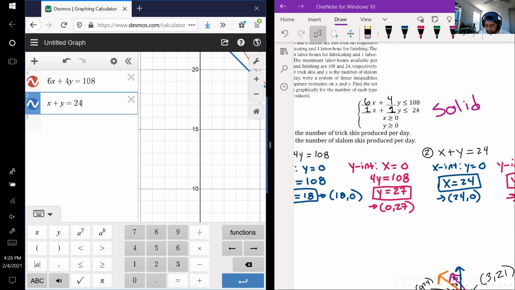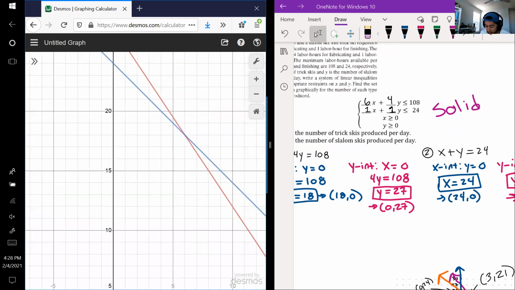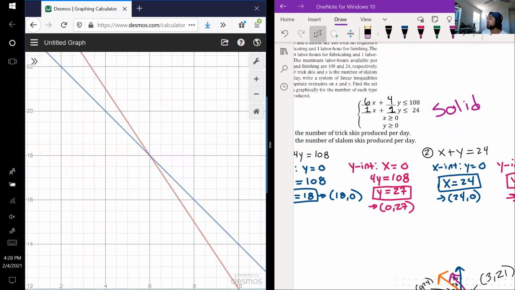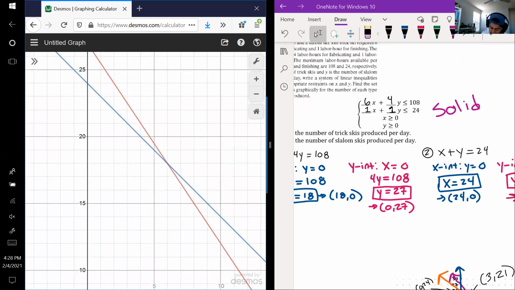And now watch this magic. It's going to give me that exact intersection point. All I have to do is click on it. Bam. 6 and 18. I was way off, right? 6 and 18.